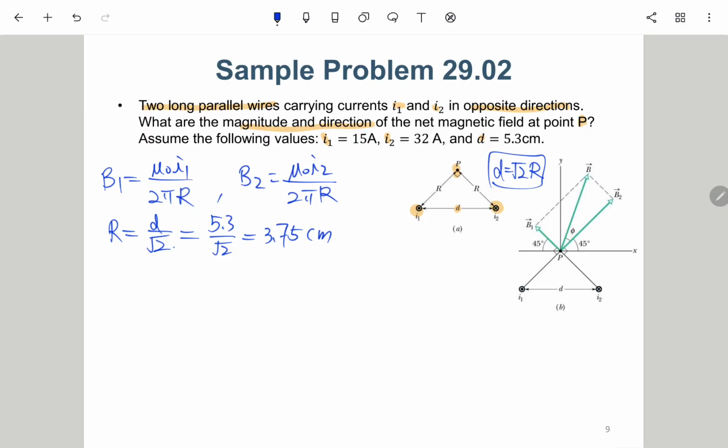Here we just scale it by square root of 2, so we make it to be centimeter.